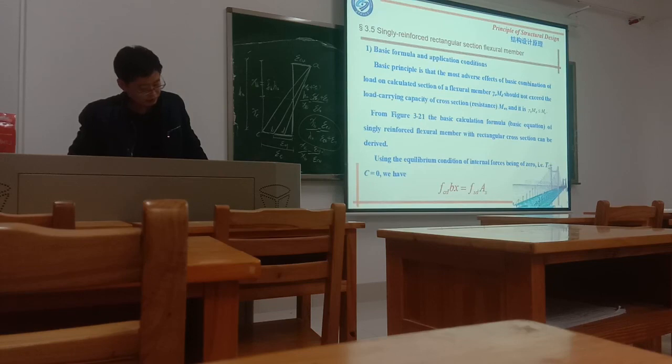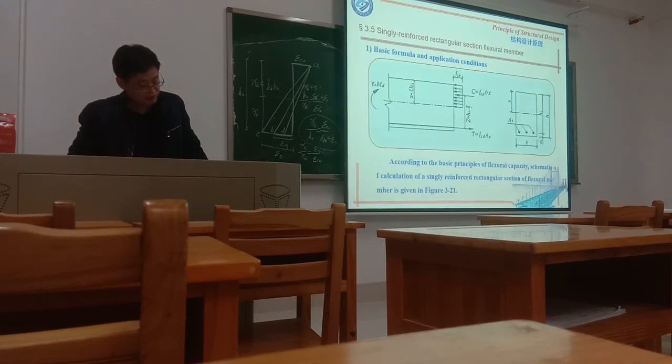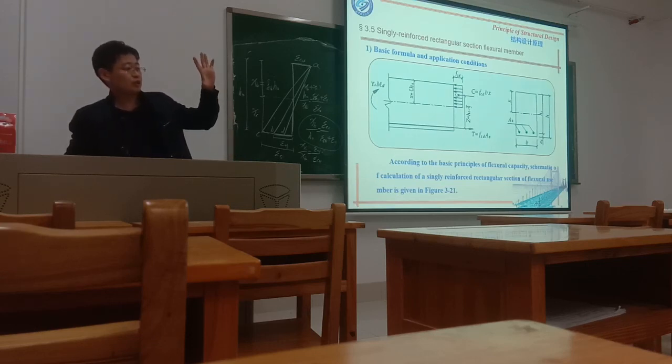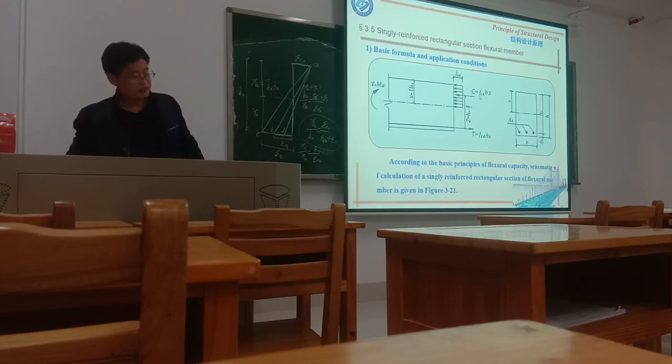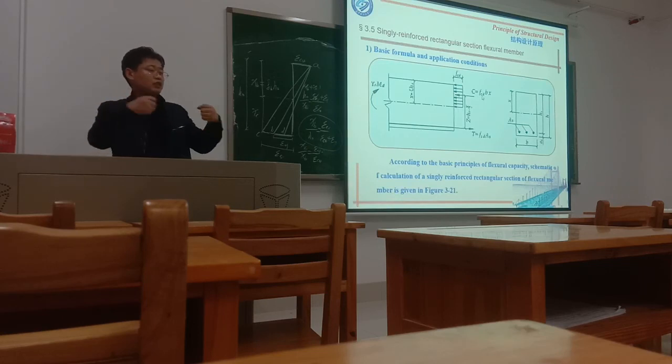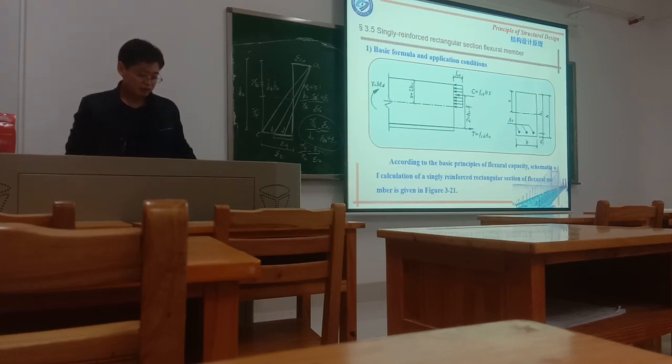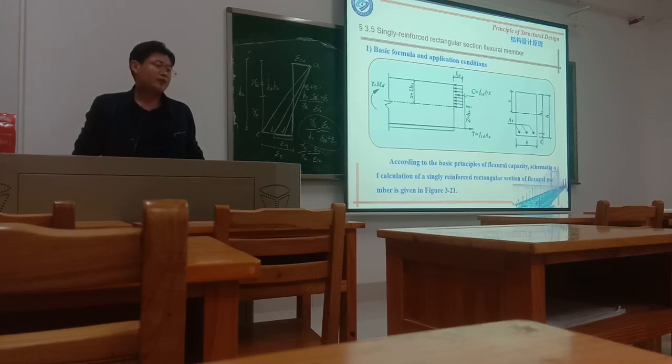T is the tensile force, C is the compression force, which should be fcd b x. b is the width of the section, x is the height of the equivalent rectangular stress block. fcd is the compressive strength of the concrete. So fcd b x is the compressive force.